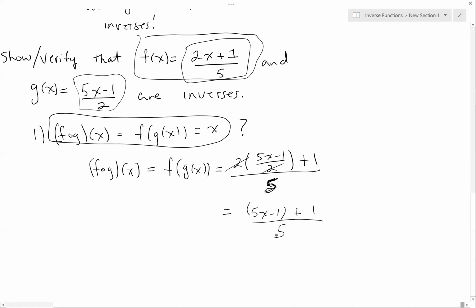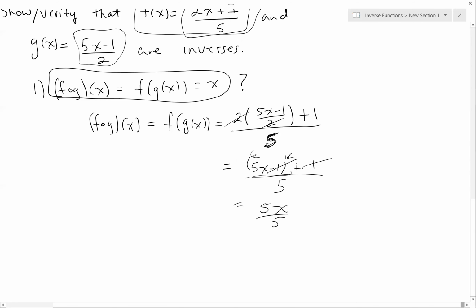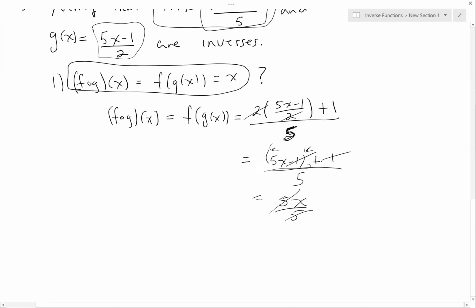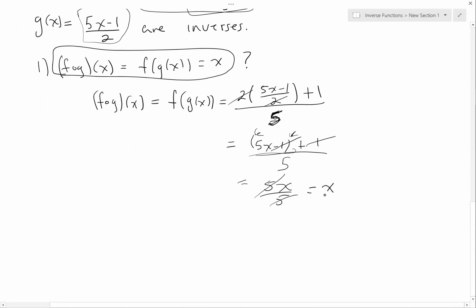So we can just pretend like these parentheses are actually not there. So that'll allow us to cancel the minus 1 and the 1, giving us 5x divided by 5. Then finally, the 2 5s will cancel like factors in numerator and denominator, and that gives us x.